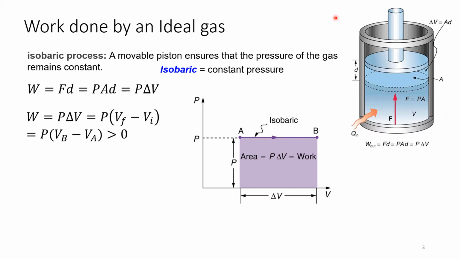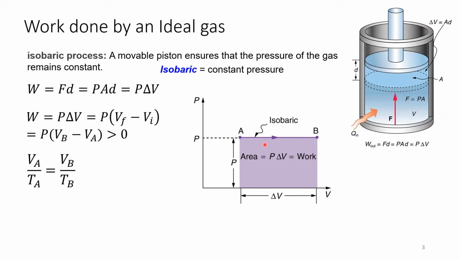On the other hand, according to the ideal gas law, for constant P, we have VA over TA equals VB over TB. So V is proportional to the temperature T. So at state B, the gas should actually have an even higher temperature, TB, because the volume is bigger here.